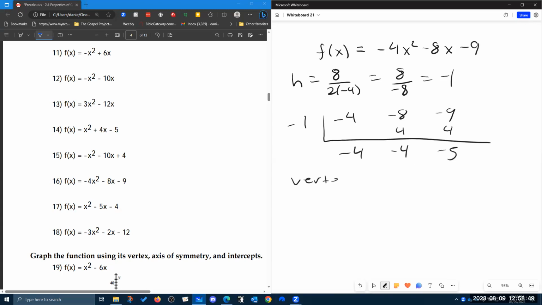Our vertex is going to be at (-1, -5), and our axis of symmetry is x equals -1.